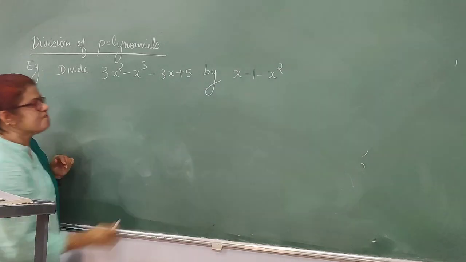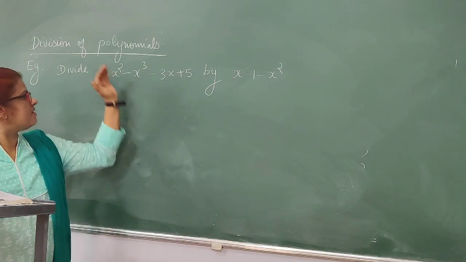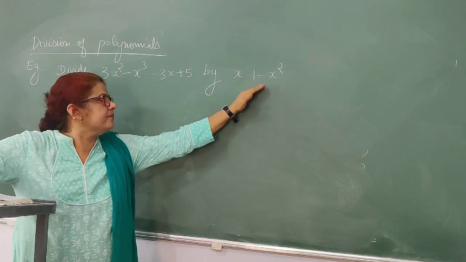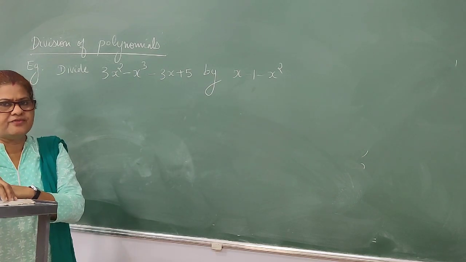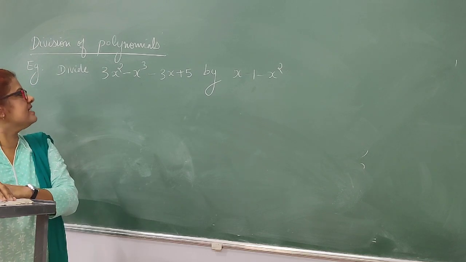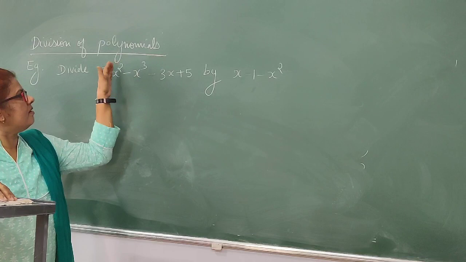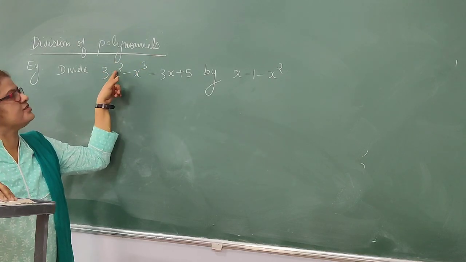Okay. If you observe these two polynomials, that is, the dividend and the divisor, what do you see? Whether these two are in standard form? No, not at all. Here in the dividend, the order of terms is off: the degree is 3 and here it is 2.